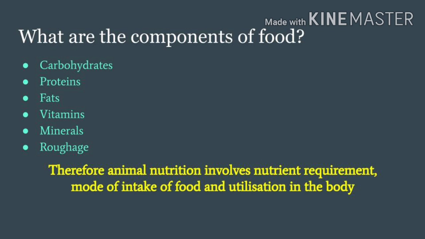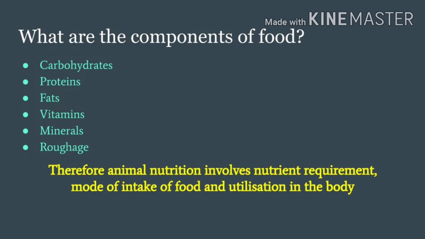So, animal nutrition involves nutrient requirement, that is, mode of intake of food and utilization in the body. You remember in class 6th, you had studied about the components of food. So, what were they? They were your carbohydrates, proteins, fats, vitamins, minerals, and roughage.